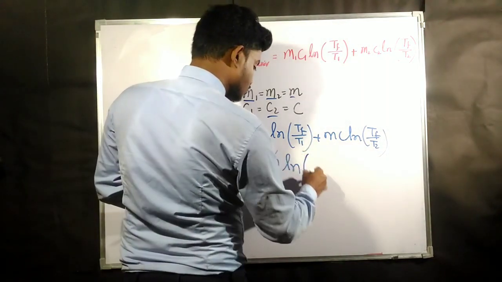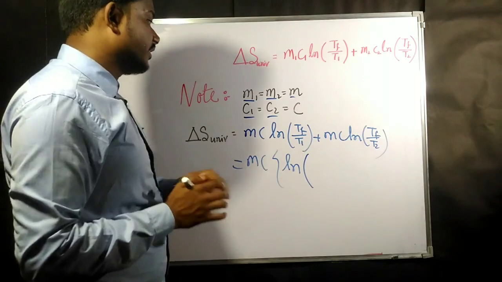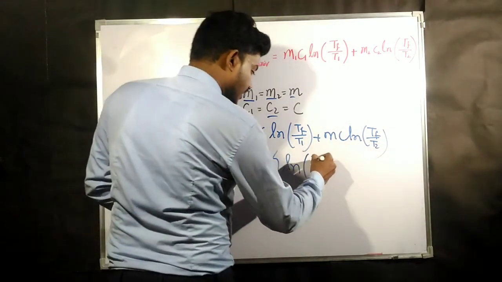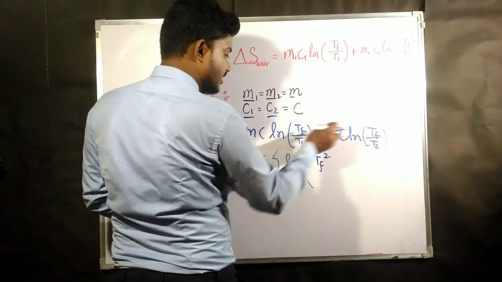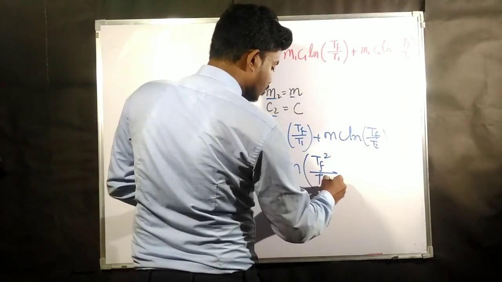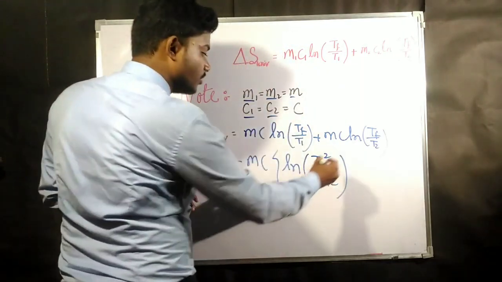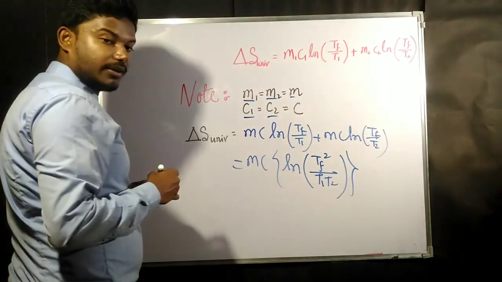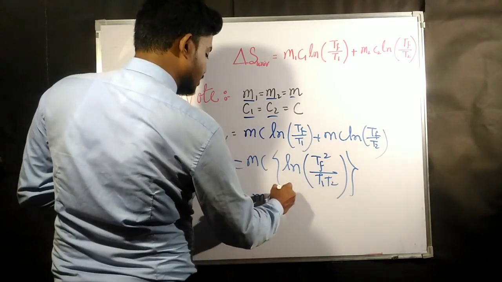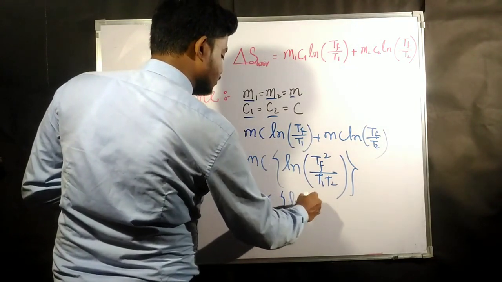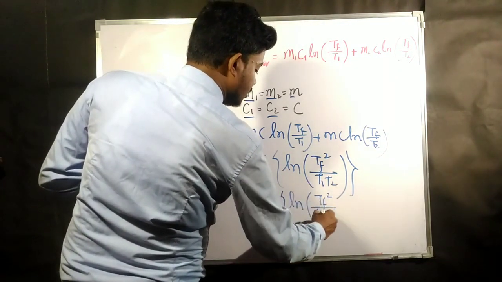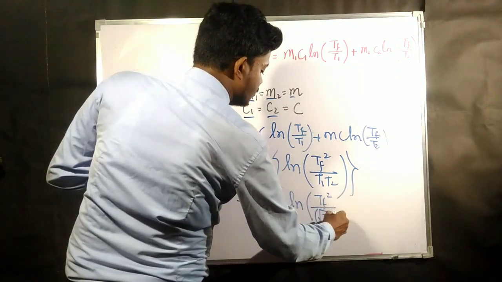Now if you write this directly, it is going to be Tf squared, because Tf and Tf get multiplied, and in the denominator it is T1 and T2. After that you can write m into c into ln of Tf squared divided by T1 into T2.